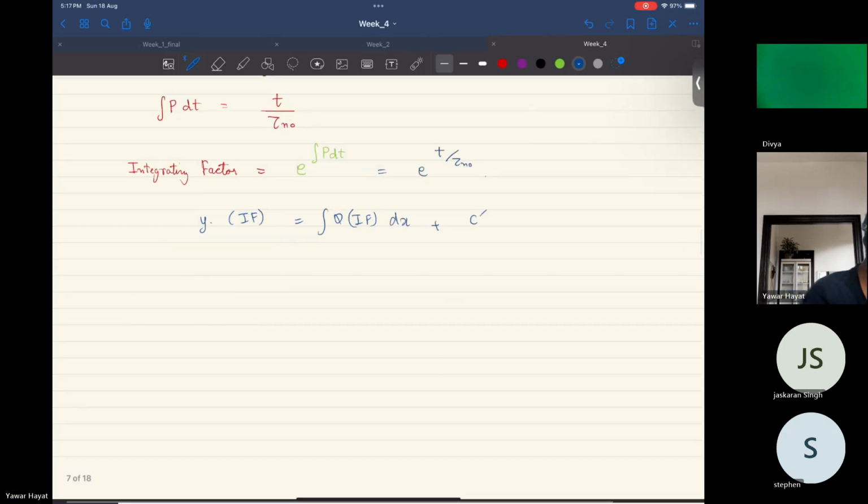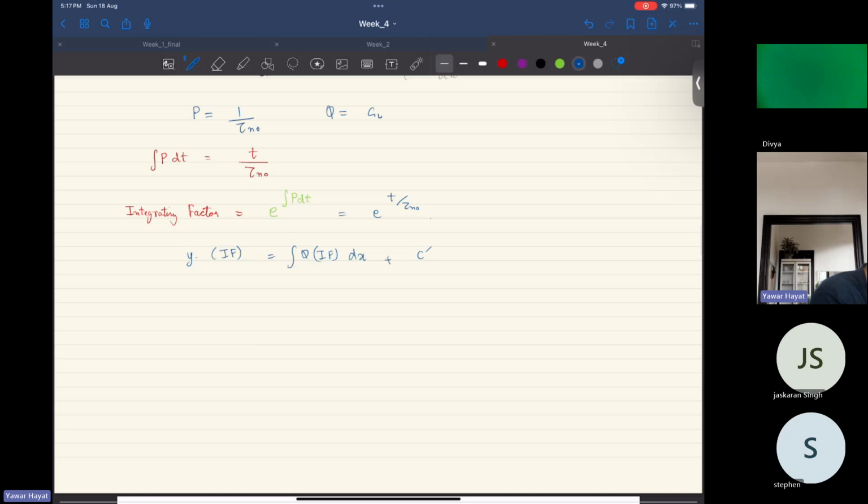If you compare it with our case, we have the following. We'll have delta n times the integrating factor, e to the power t by tau n0, equal to the integral of GL e to the power t by tau n0 dt plus c prime, right?